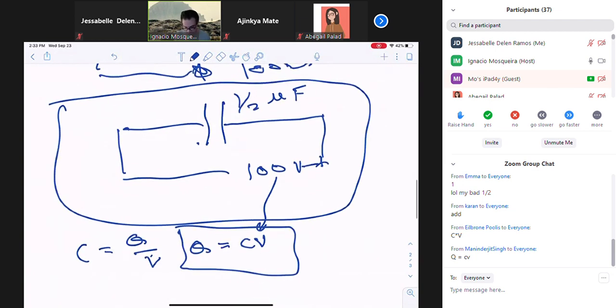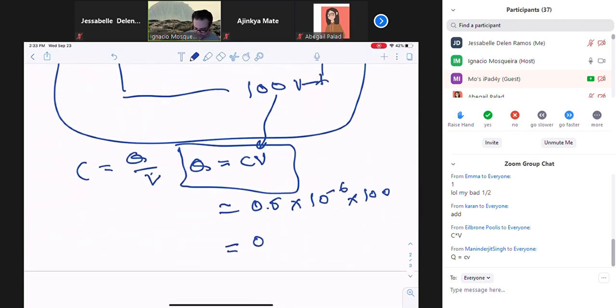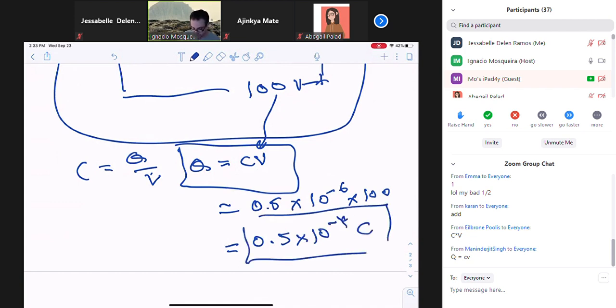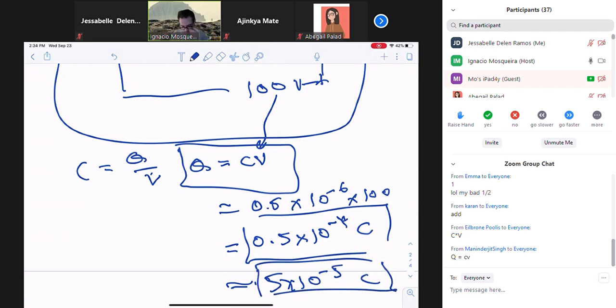Let me do it: 0.5 times 10 to the negative 6 times 100 volts. So it's 0.5 times 10 to the negative 4 coulombs, or 5 times 10 to the negative 5 coulombs. That's how much it is.